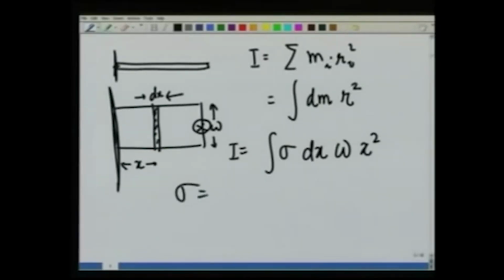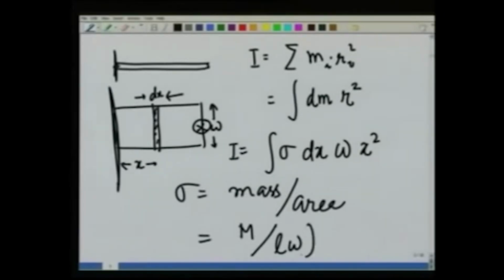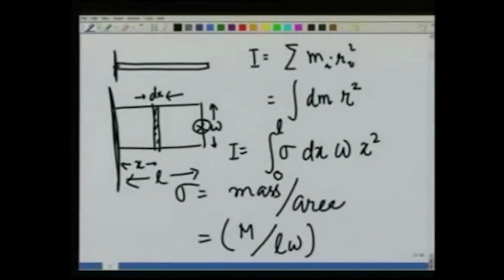Sigma is mass per unit area, which in this case would be the total mass divided by L times W, where L is the total length of the rectangle. The integration is going to be from x equal to 0 to x equal to L.